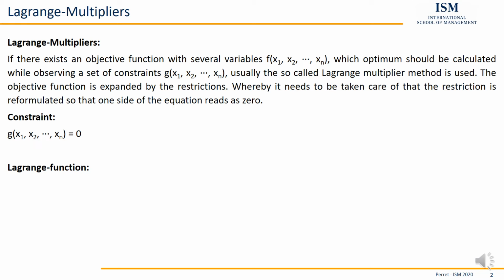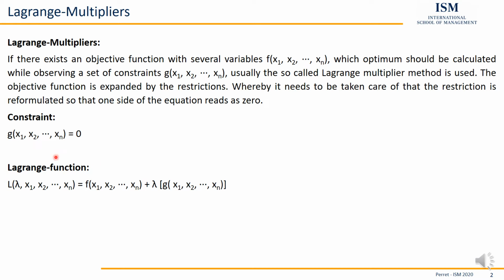And then build the Lagrange function. That's actually pretty straightforward. You take the original objective function. That's the first part. That's here, the function f. Then we insert a new Lagrange multiplier, that's here the lambda, for each constraint.